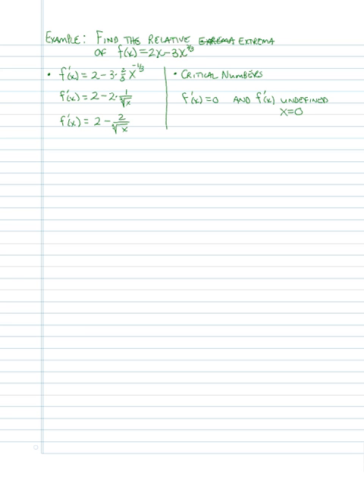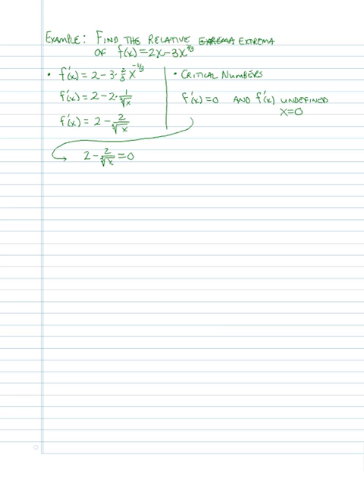Now, on the other hand, when we're calculating where the derivative is equal to 0, then that means we have to deal with where 2 minus 2 divided by the cube root of x is equal to 0. So we've got to solve this equation.